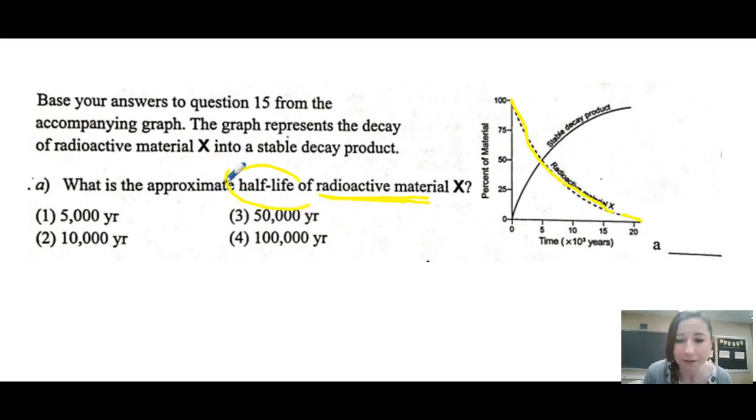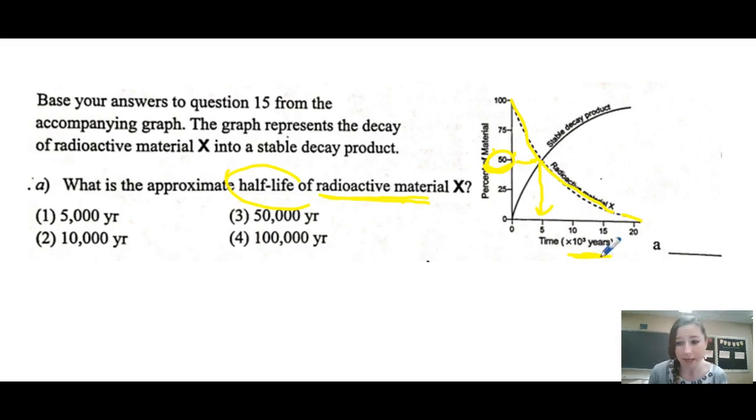Well, my half-life is going to be the amount of time it takes for half of the material to have decayed. So I'm looking at percent of material, 50 here. This 50% is going to tell me when my half-life is. So I'm going to go across and then travel down, and I get 5 years. But wait, all of my numbers are way larger. 5 times 10 to the third.